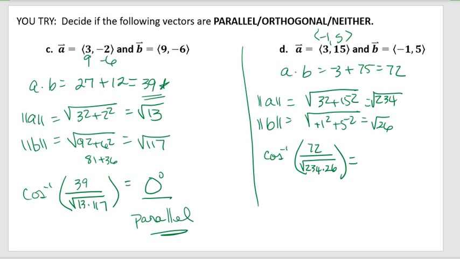Okay, I got 22.6 degrees. That's neither, because it's not a 0, 90, or 180. There you go. And I'm done. The end.